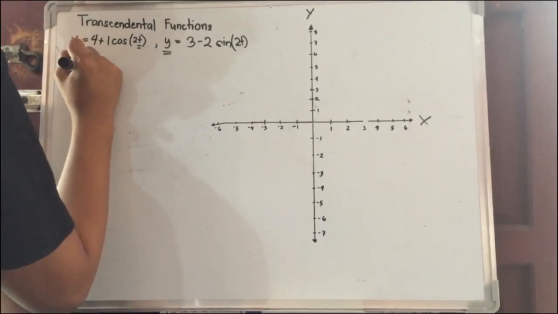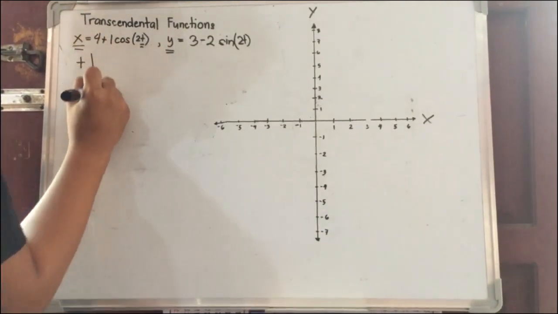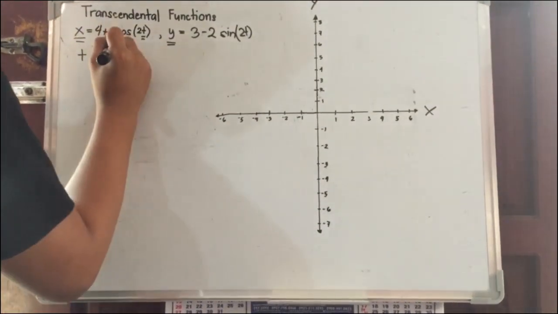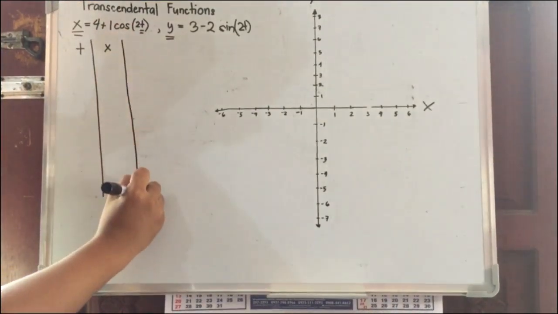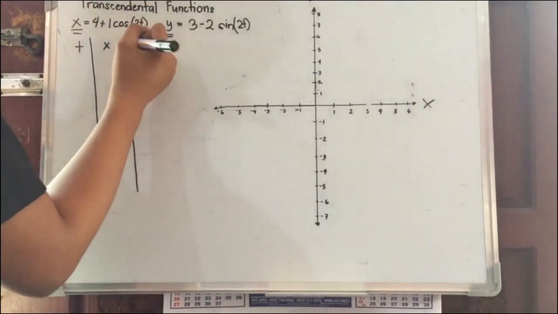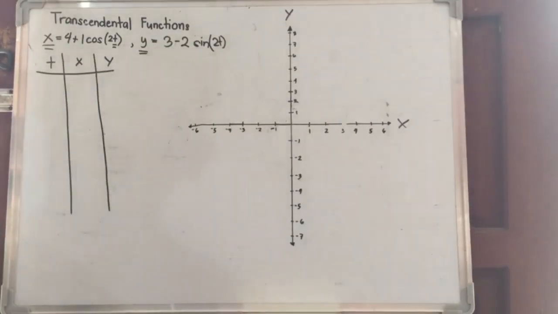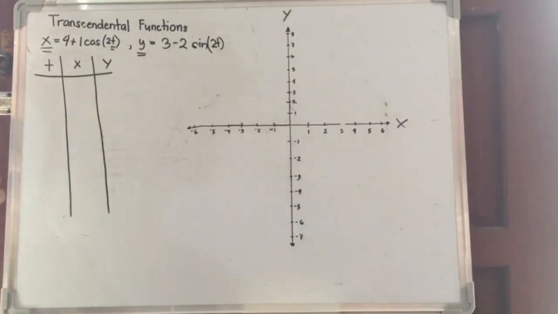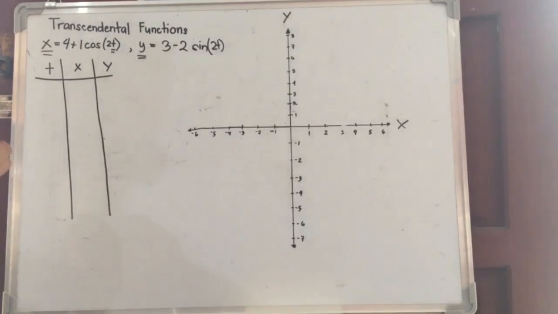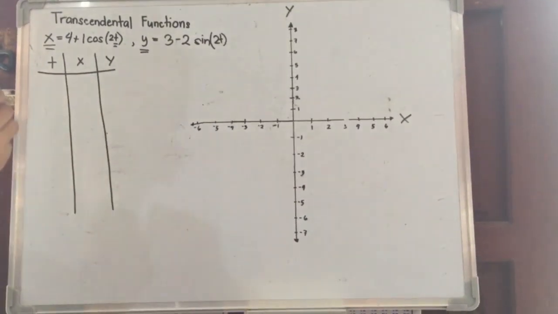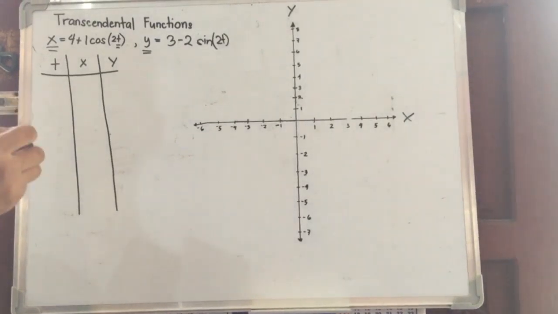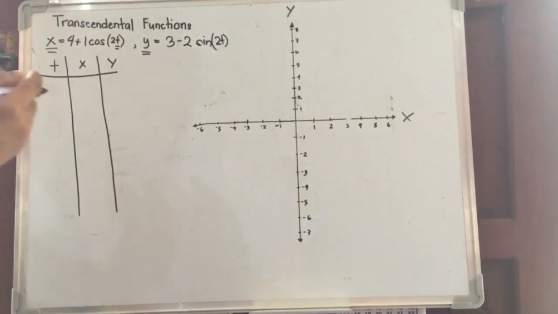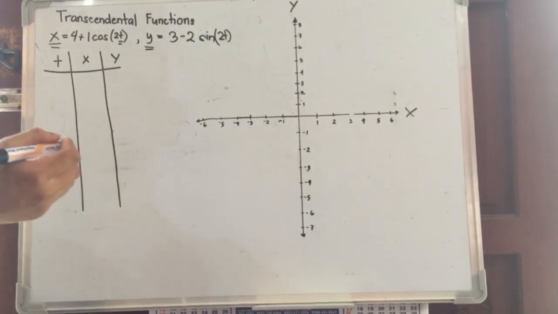So t, x and y. For the values of t, it is necessary to include its value with pi over something, for example pi over 2, pi over 6, pi over 3.